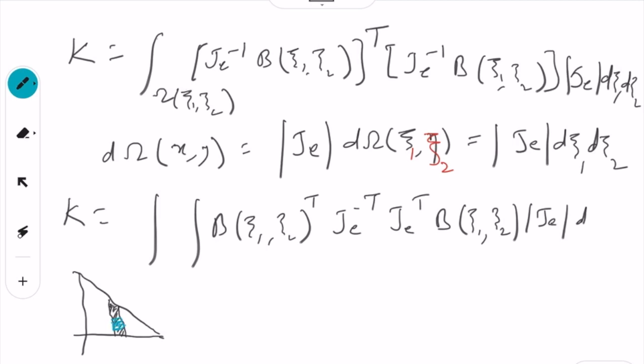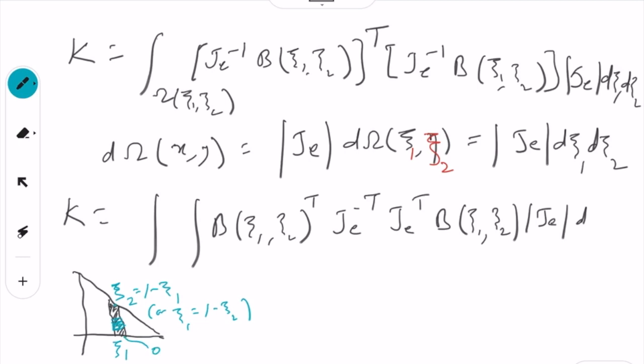At a particular xi 1, the lower limit of xi 2 is 0, and the upper limit is given by xi 1 plus xi 2 equal to 1, so xi 2 equals 1 minus xi 1, or xi 1 equals 1 minus xi 2.